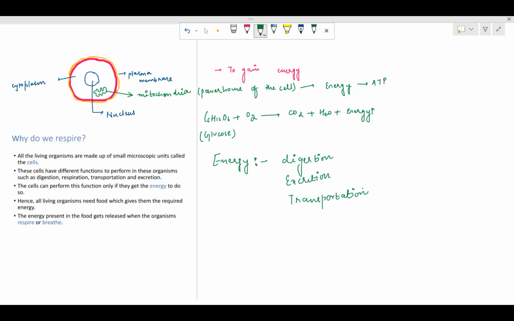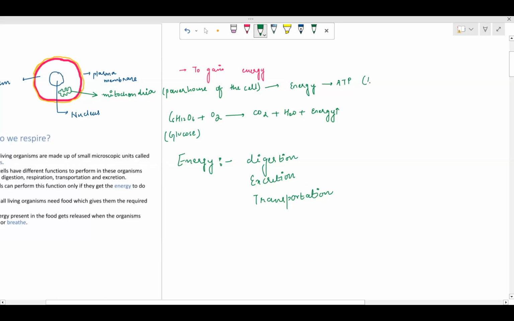Okay. Have you people written this? After energy, what did you write? Powerhouse of the cell, and then energy, and then ATP. ATP, or adenosine triphosphate.